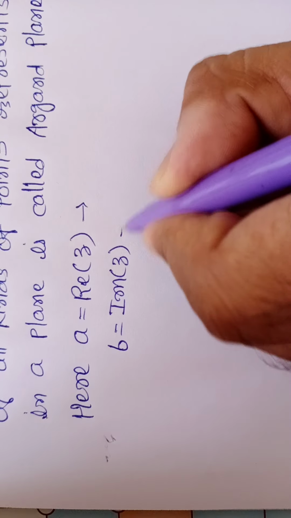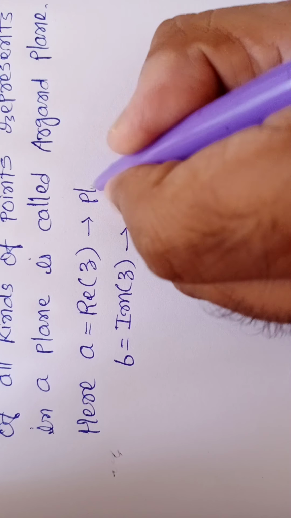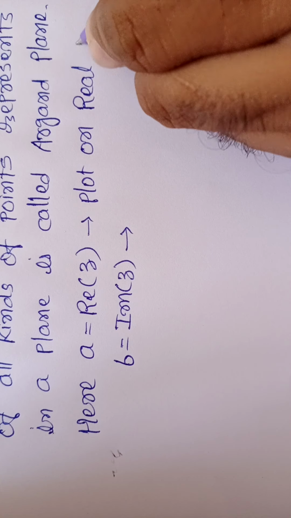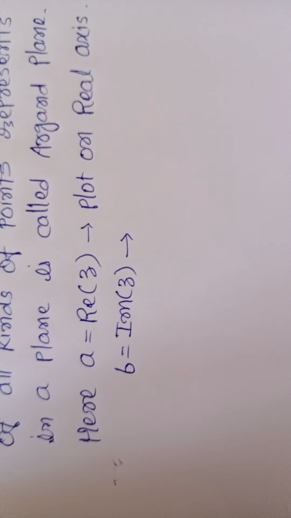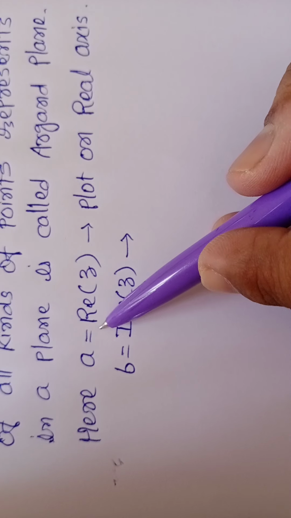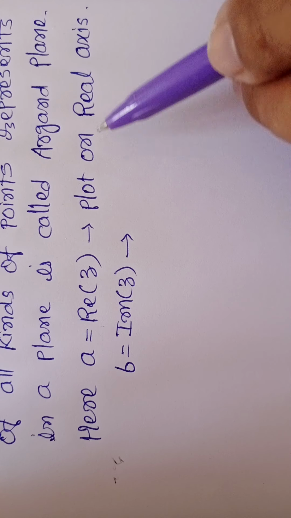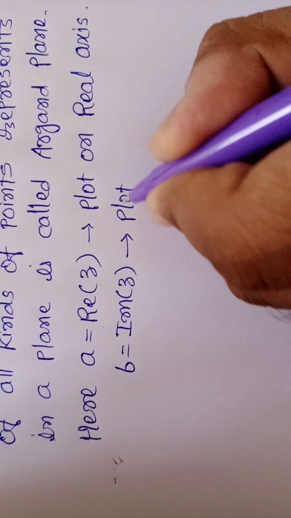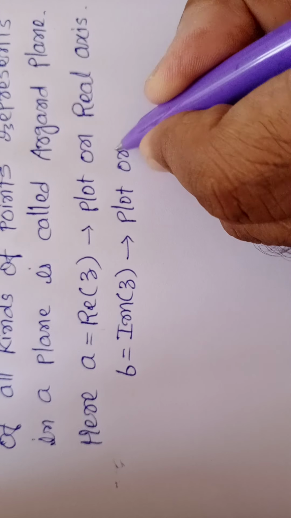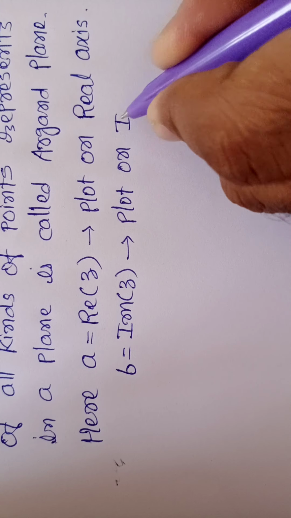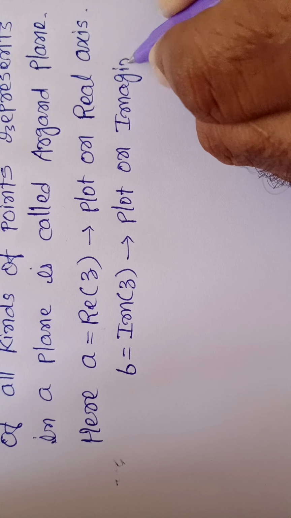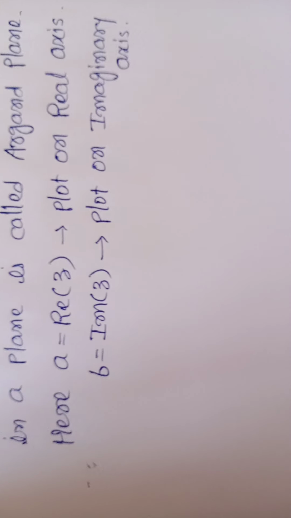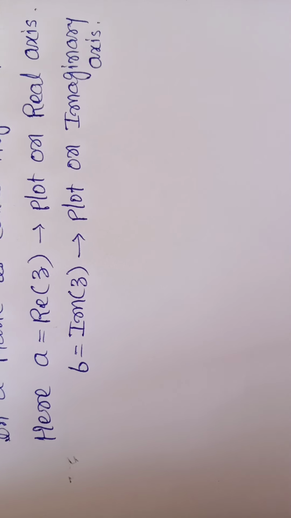So this real part of z is plotted on the real axis. This point a denotes the point on the real axis, and the imaginary part of z is plotted on the y-axis, but the y-axis is known here as the imaginary axis.